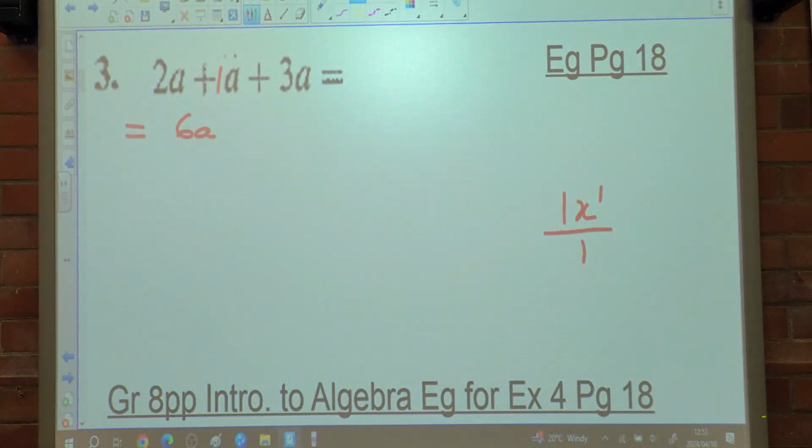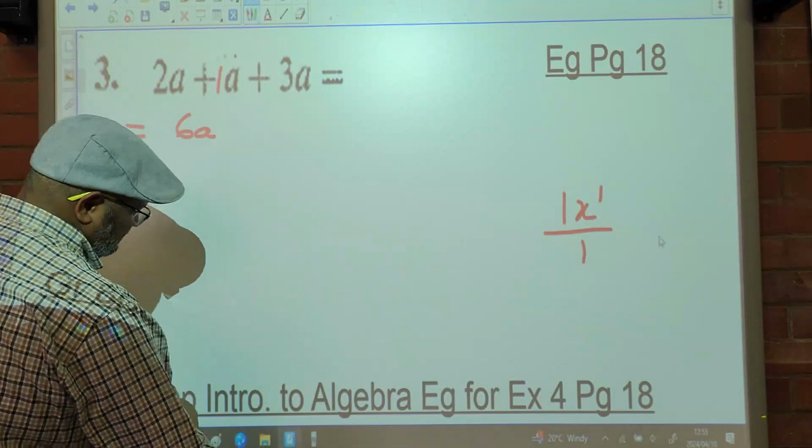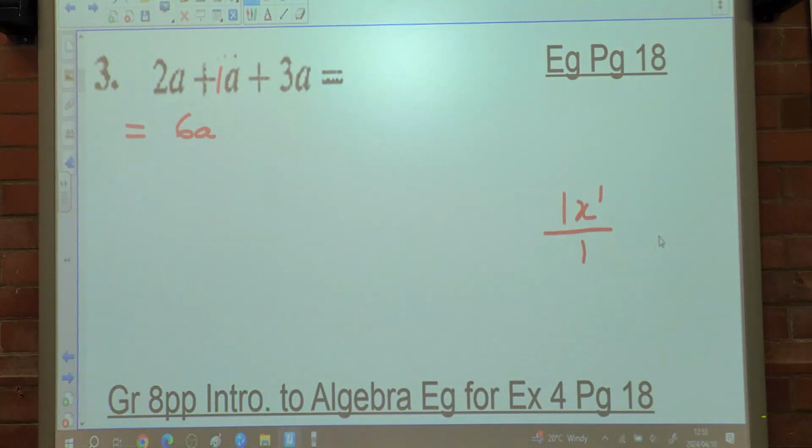We write that 1 so often that we tend to leave it out. So if nothing is written there, we know it's a 1. Okay? Is there anybody else that's confused? You guys understand, eh? Let's look at the next one.